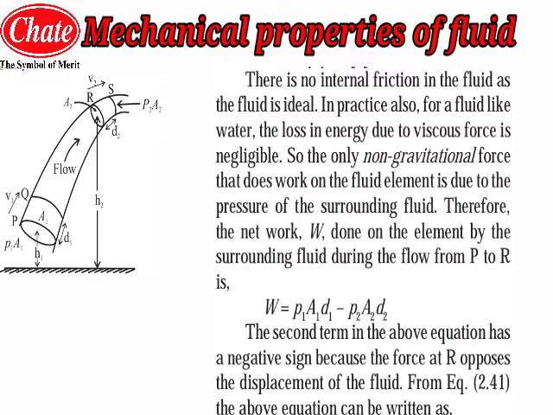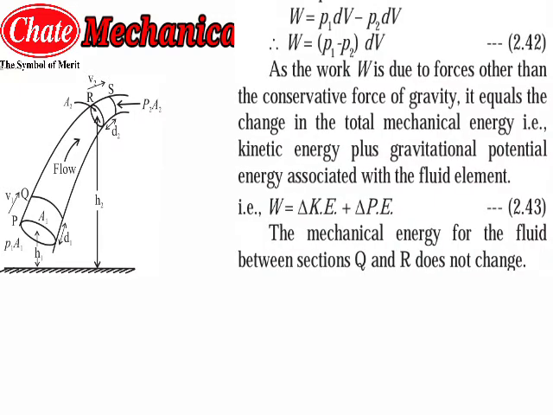Thus the above equation may be further written as W equals P1 dV minus P2 dV, as we have replaced A1d1 by dV and A2d2 by dV, since that is the volume. Now W equals, taking common, (P1 minus P2) dV.